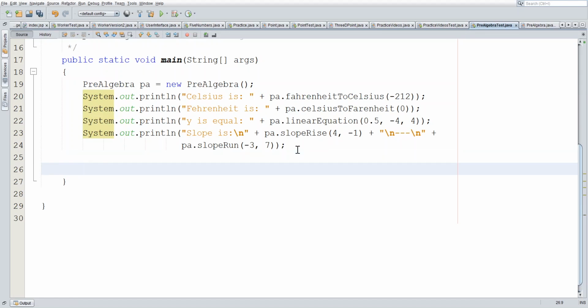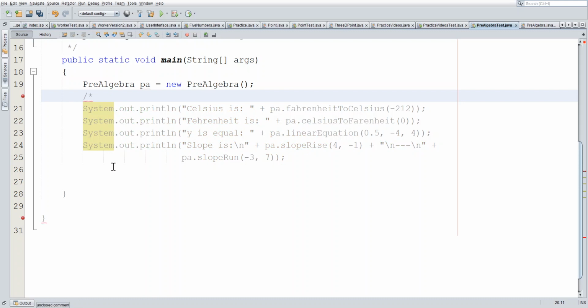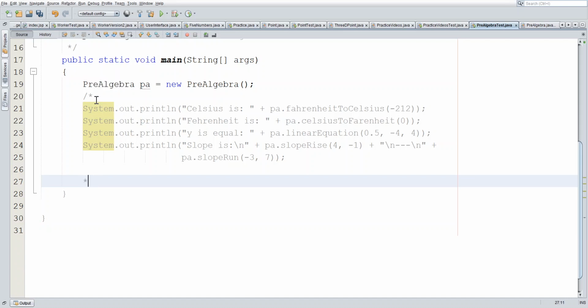All right, so we're going to go ahead and leave our slope and all this stuff. Let's just go ahead and comment this out. So to comment the big chunk of body, you're going to do slash and star. You don't have to comment these out if you don't want. Slash and star will make it a comment, and then star and slash will close the comment section.